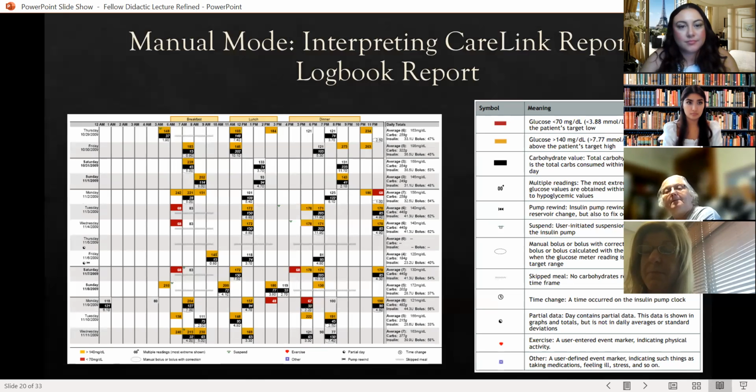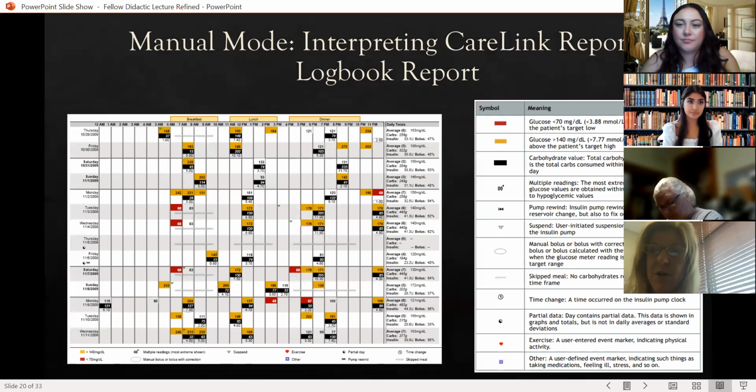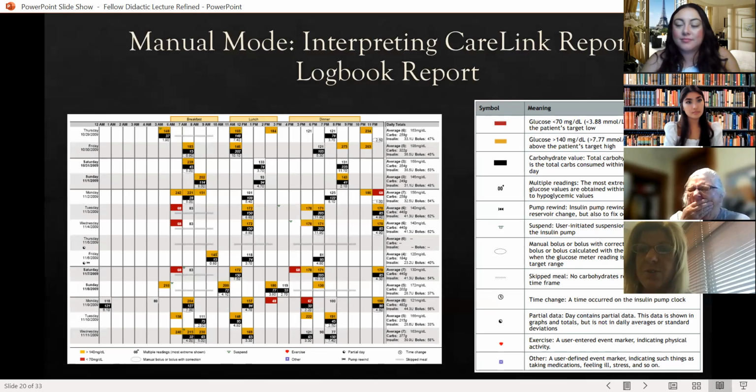So in manual mode, there's a lot of overriding that can be done by the patient, which is not always good, but it has the option. That's just one of those possibilities. The reds are low blood sugar, so less than 70. So we don't want to see too many of those either. And this one's called the Logbook report. Next slide.